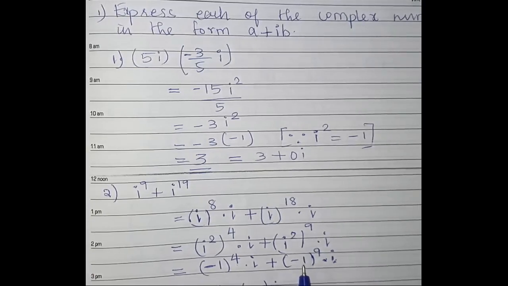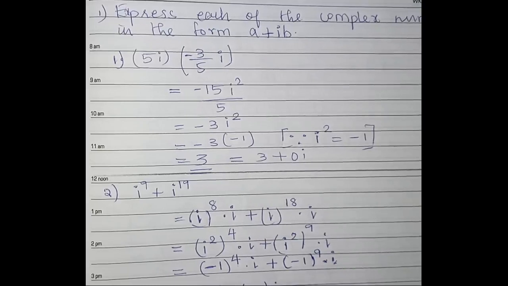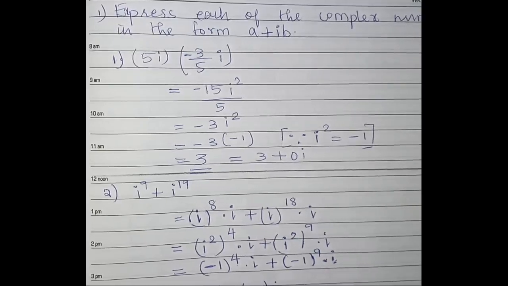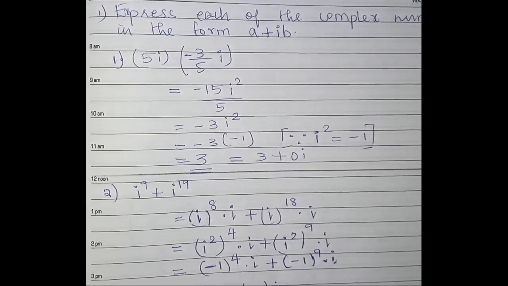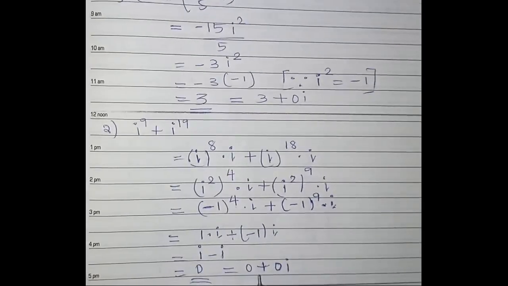Understanding? Minus 1 power 9 means multiply minus 1 nine times. So I'll be getting minus 1 again, into i. So 1 into i is i, plus into minus, minus 1 into i. So i minus i is 0, which is equal to 0 plus 0i.